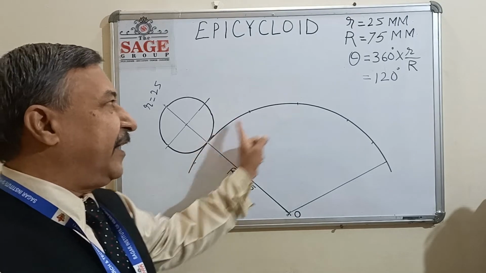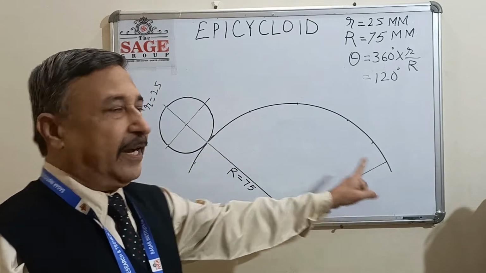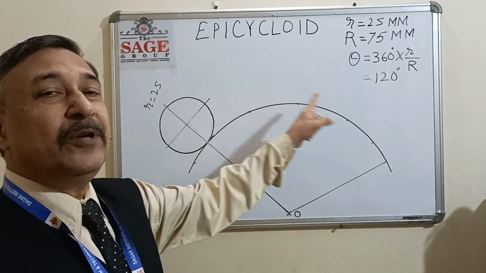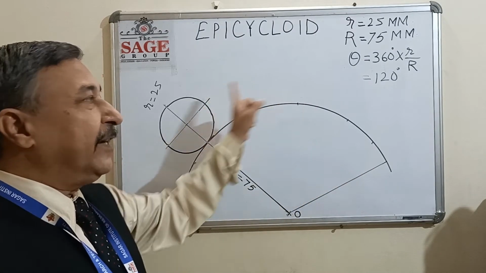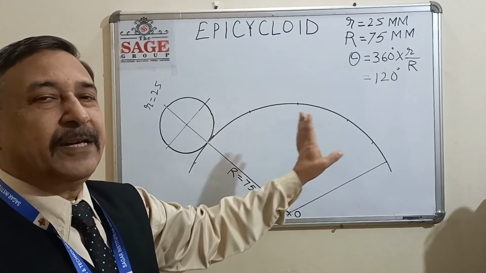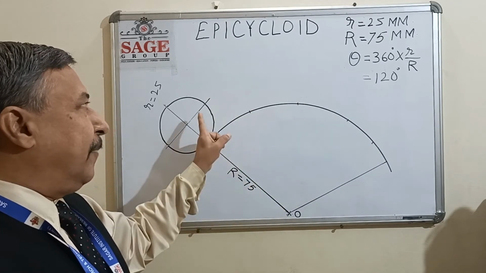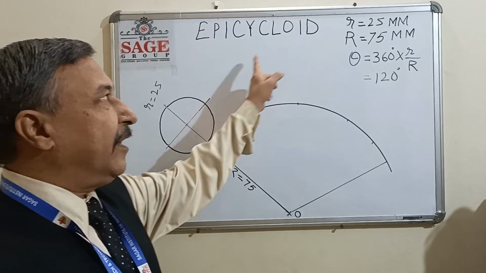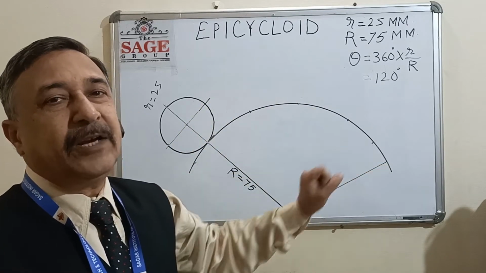See, suppose there is a circular path and a circle is rolling over this circular path for one complete revolution. We take here one complete revolution. So a point on the circumference of the rolling circle makes a curve called epicycloid.